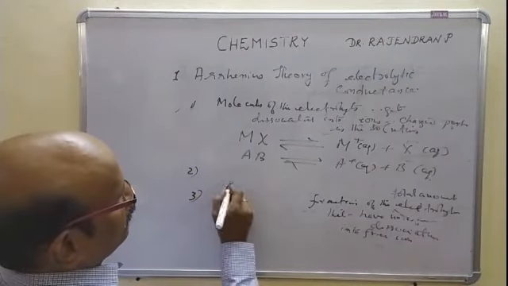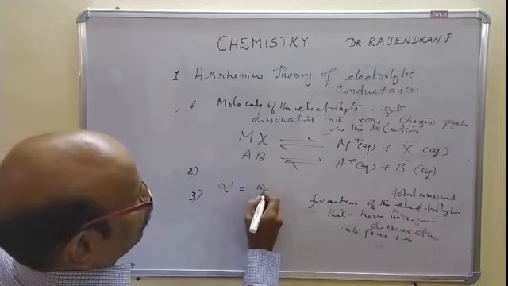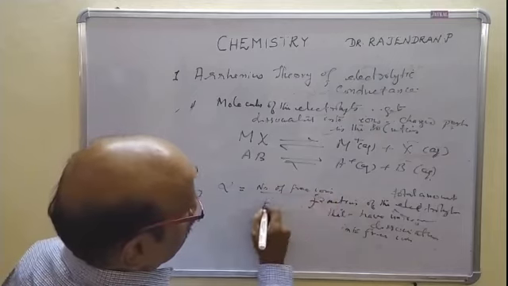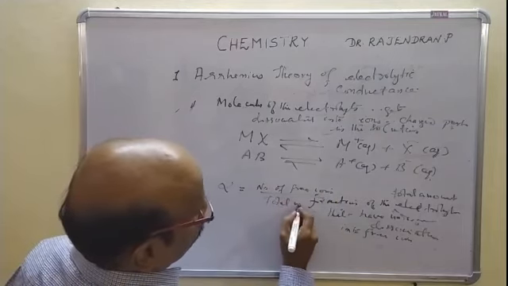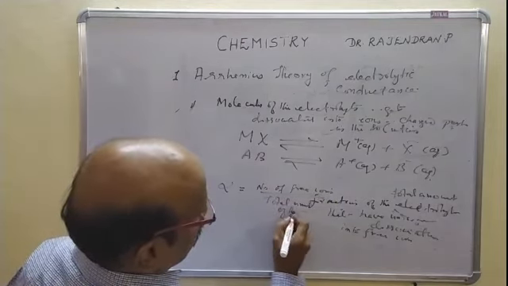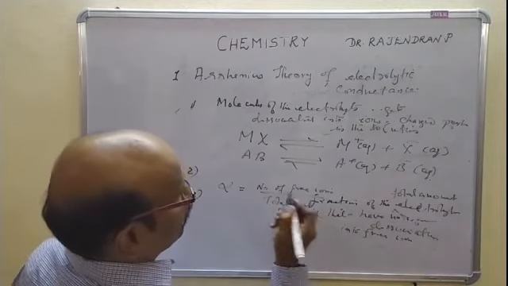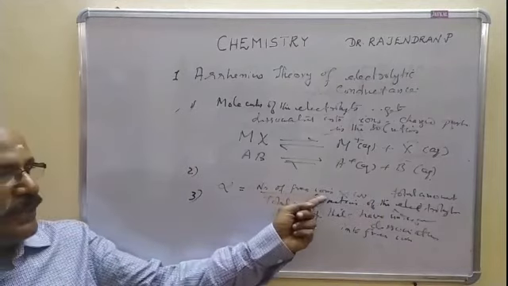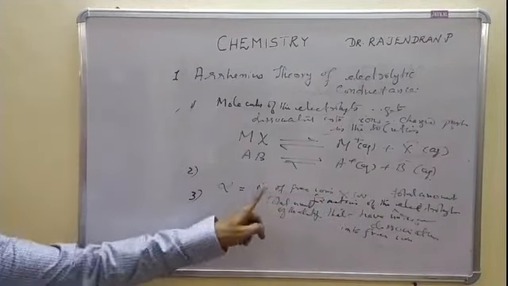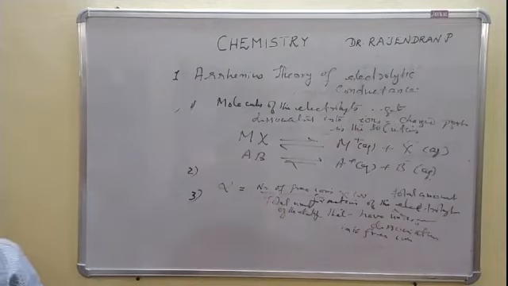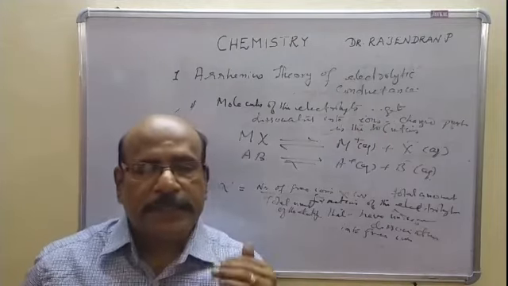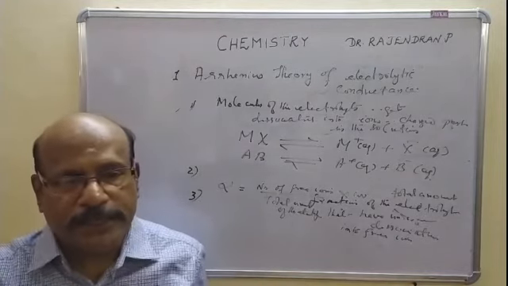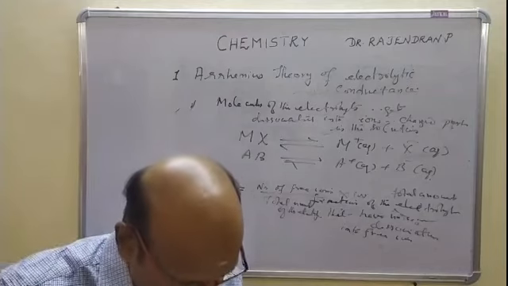That is, alpha is equal to the number of free ions divided by the total amount of the electrolyte. It's a fraction; multiply by 100 if it is a percentage degree. Arrhenius assumed that it is always a fraction because the electrolytes are only partially ionized in their solution.